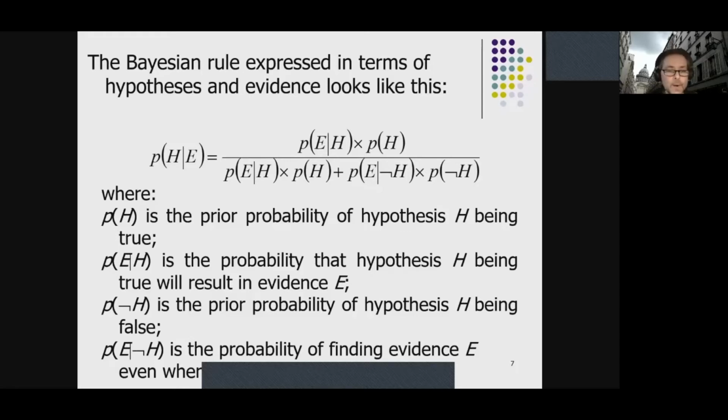So according to this formula, the probability of hypothesis H being true given evidence E depends on the probability of H, the probability of E given H, the probability of not being H, which can be interpreted as a prior probability of hypothesis H being false, and the probability of E given H is not true, okay?